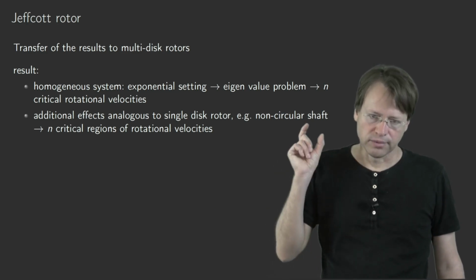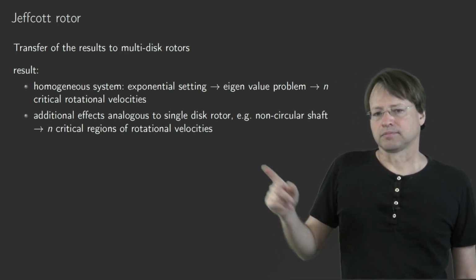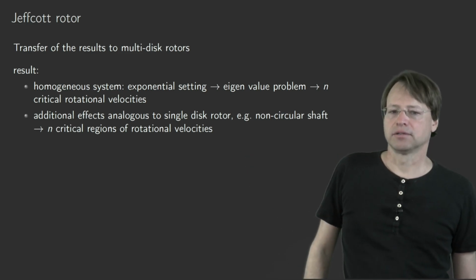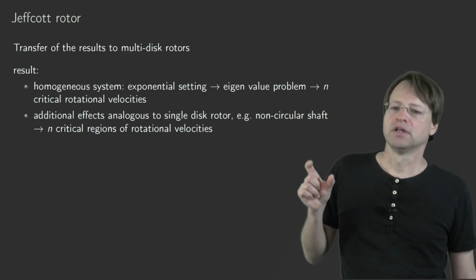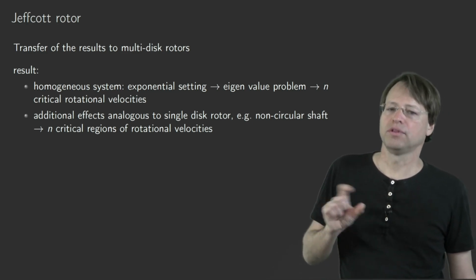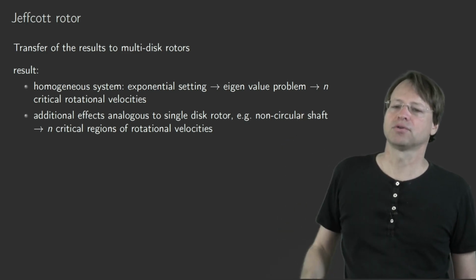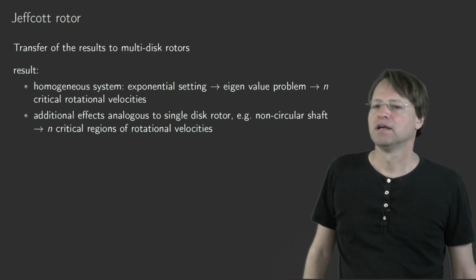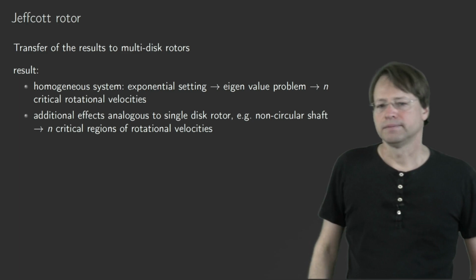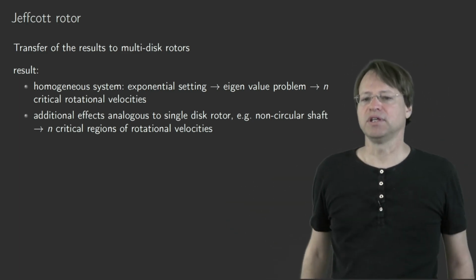If you have, for example, a certain flexibility related to a non-circular shaft, you would have two of these critical speeds. Instead of having one for the classical Jeffcott rotor, you would have 2n here for the case of a non-circular shaft, and you would have that region in between that should be avoided.